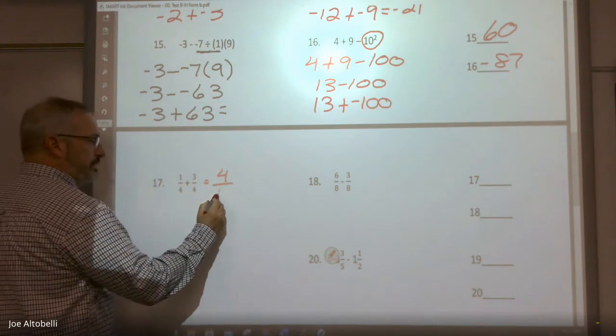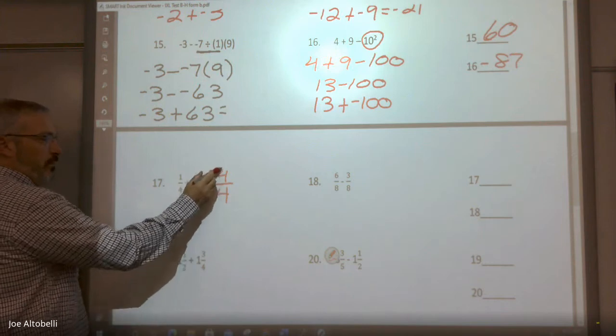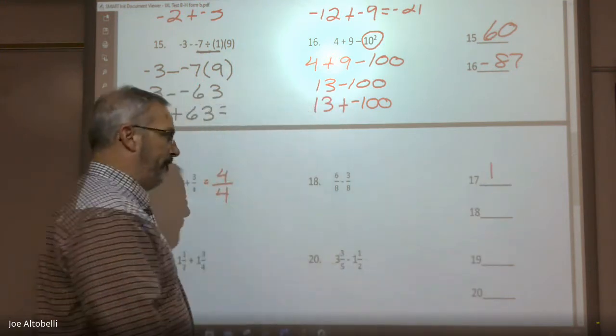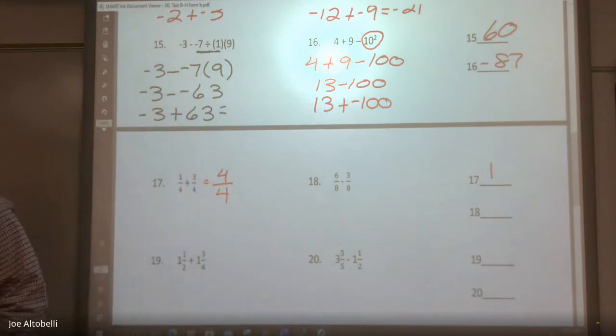My denominator stays the same, and 4 over 4 simplified is 1. Go ahead, number 18.